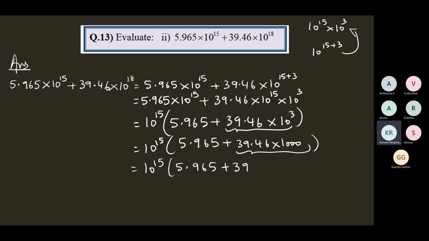So what is 39.46 into 1000? Ma'am, I got it. Yes, Shreya? 39,460, ma'am. Correct. That's right. 39.46 into 1000 is 39,460. Then find the sum. Now add these two. Just a second, ma'am.